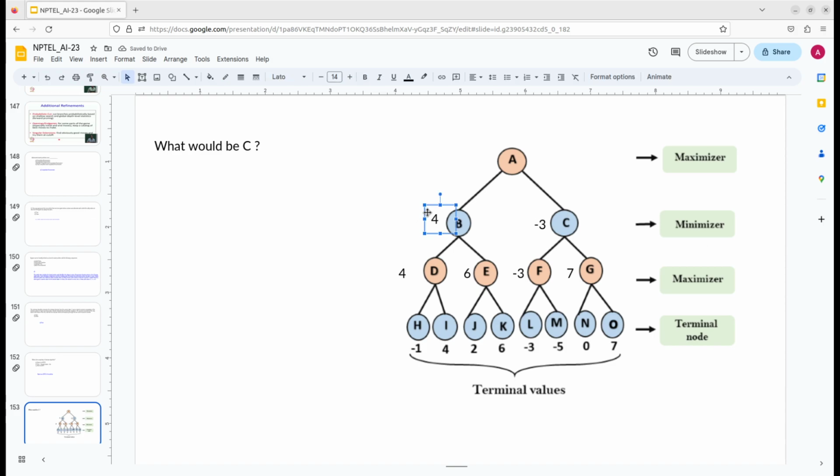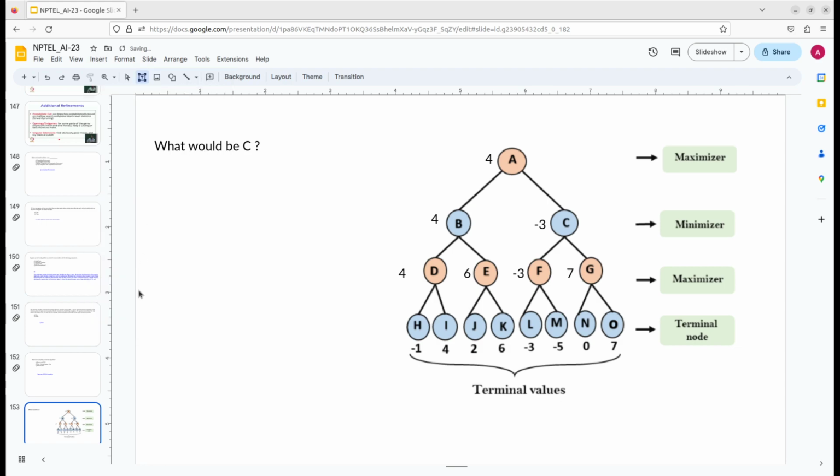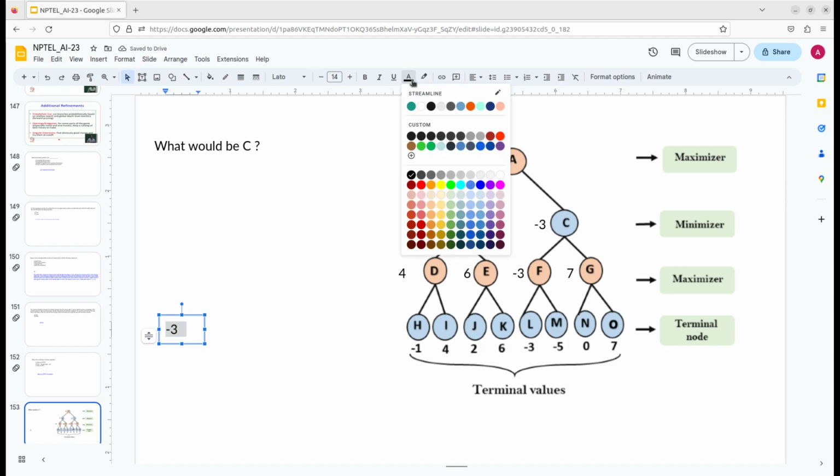Right. Now, if I have to take A also: we have been asked about C and the answer would be minus 3. Now I also have to see A, which is the maximizer. Out of 4 and minus 3, what is the maximum? Which is 4. So A would be 4. What would be our answer? The answer would be minus 3 because it has asked about C. So we'll write minus 3. Any question, any doubt?